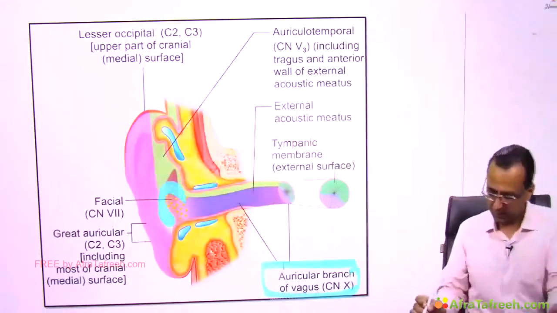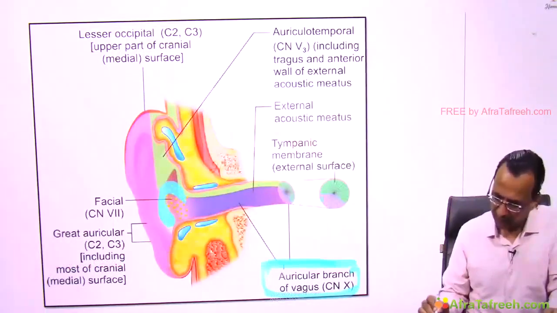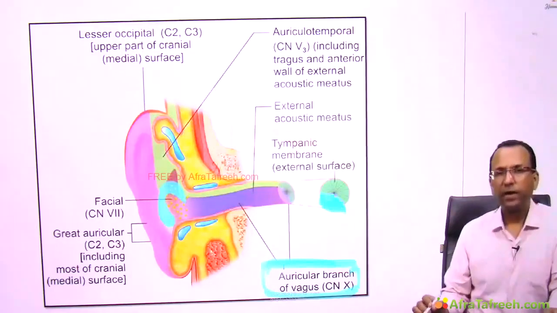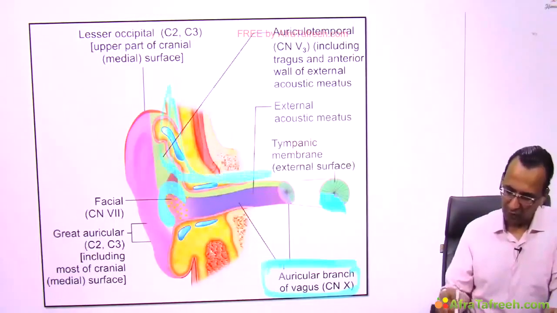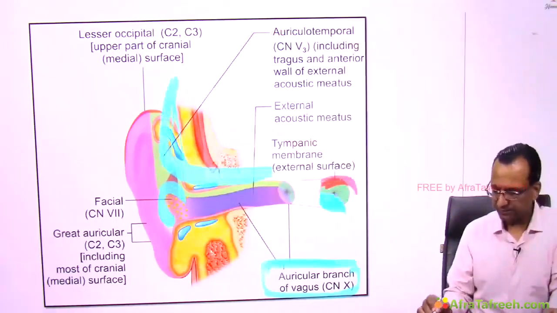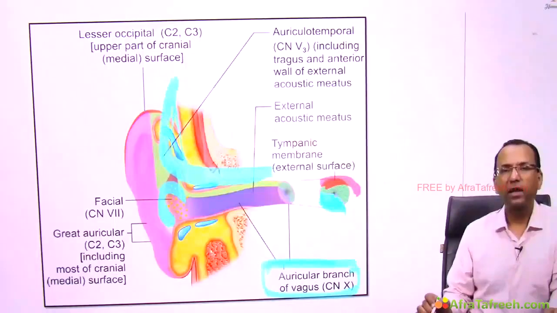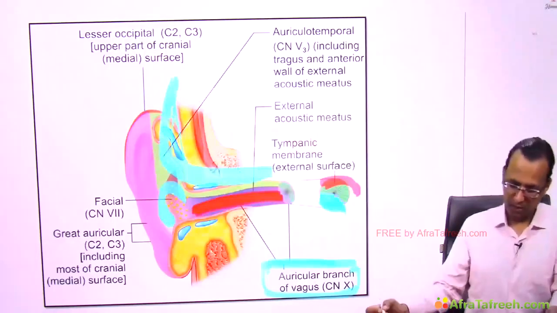See this area: the posterior wall and the floor. And the auriculotemporal nerve will supply the anterior wall and the roof of the external auditory canal. That is the point. Okay, fine. What is the next thing?